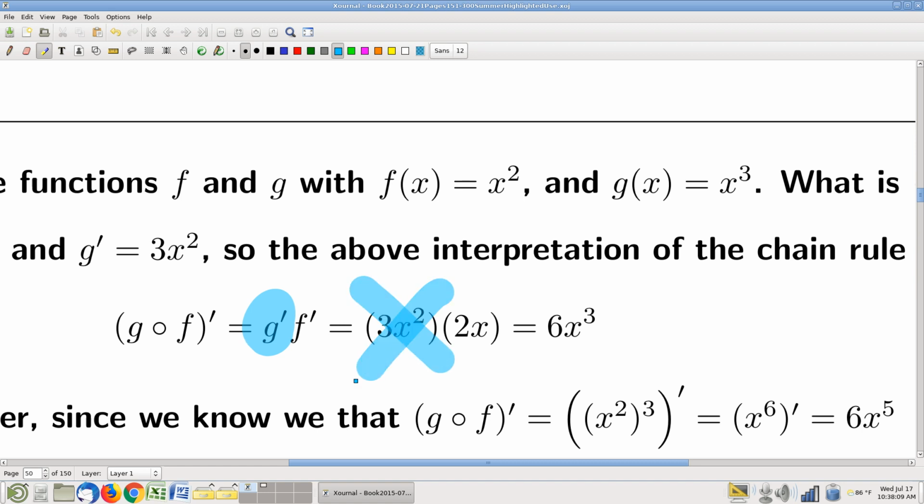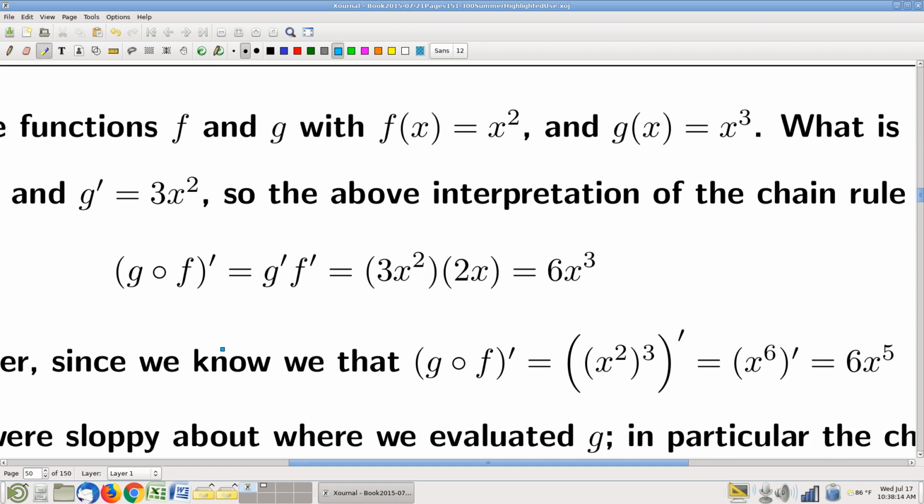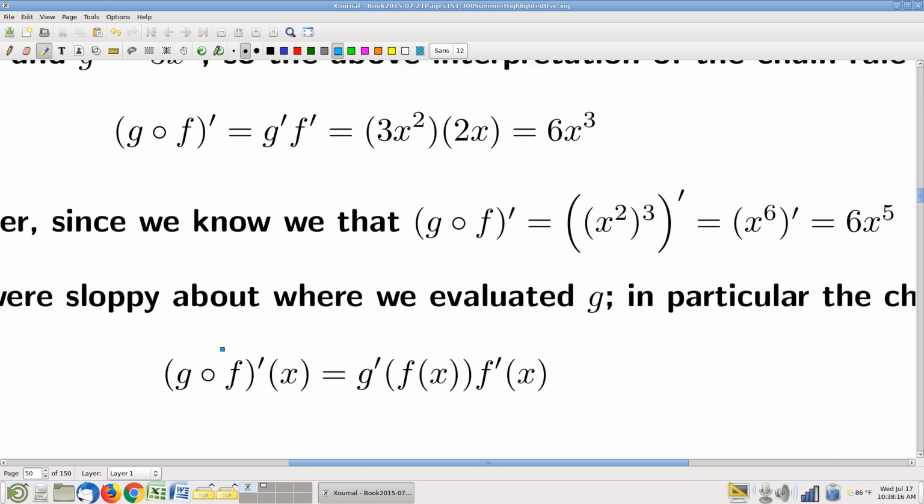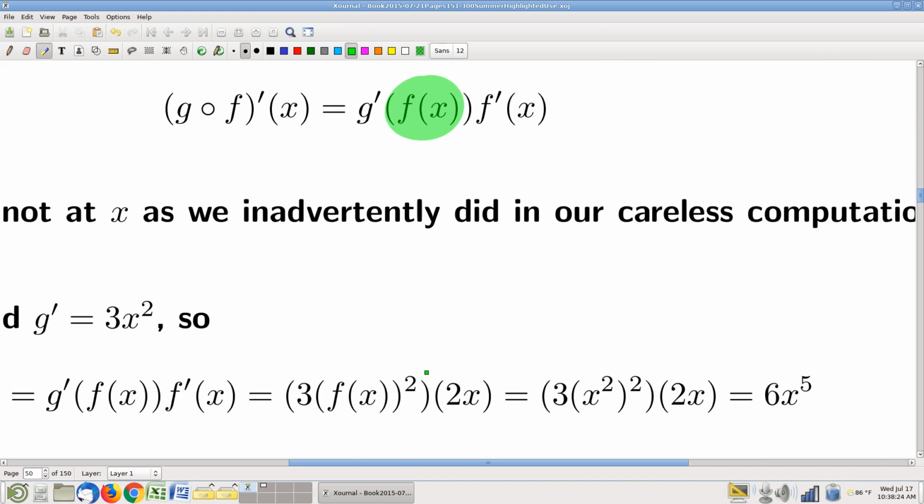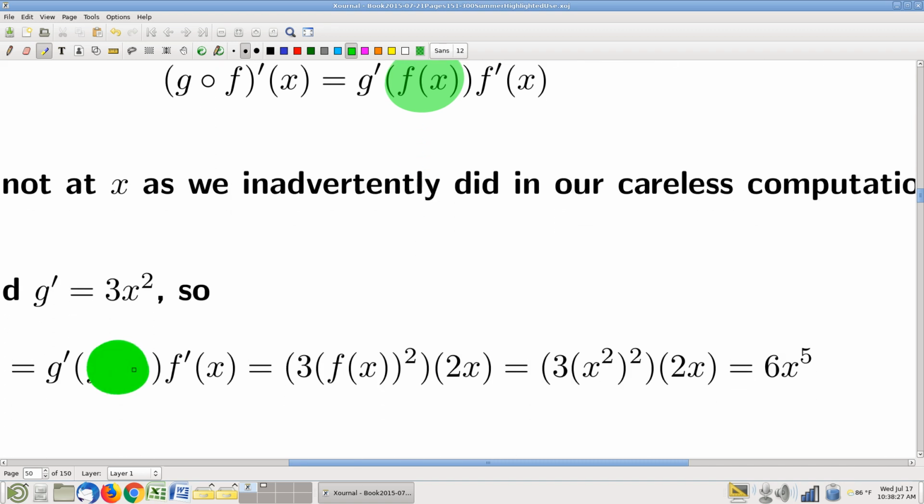So that's wrong. Okay. If you wanted to be more careful, what you'd have to do is plug in f of x into the formula for g prime.